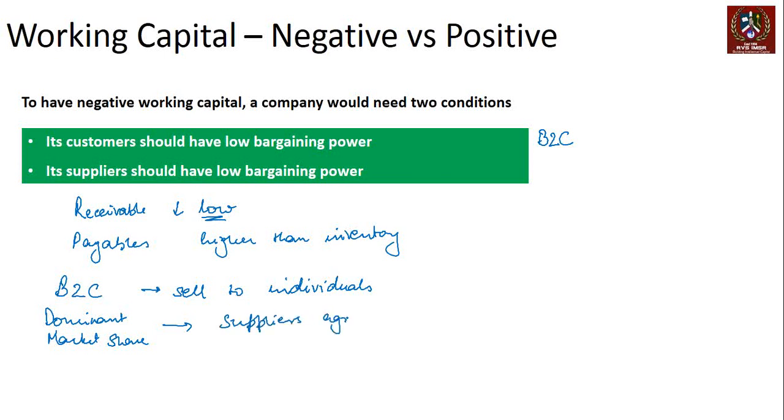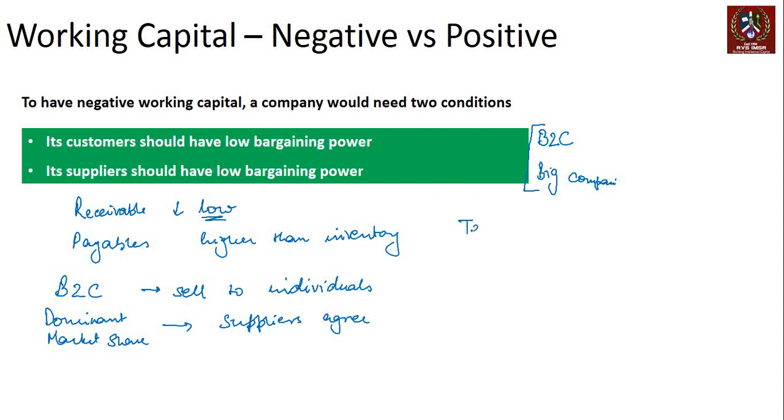The suppliers agree to the terms that have been set. So these are all big companies, right, where suppliers have less bargaining power in the equation. So essentially, if you have a B2C company and you have a big company, then logically the company's working capital could turn negative.